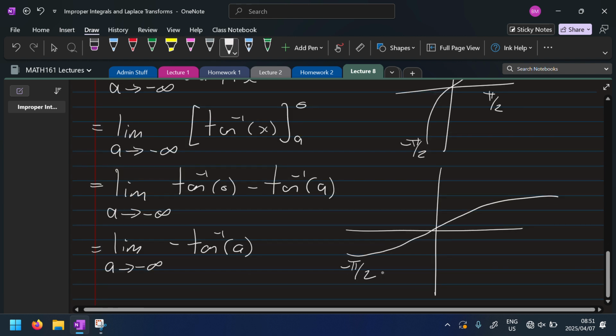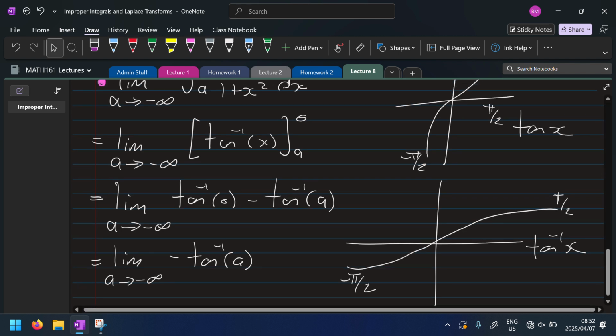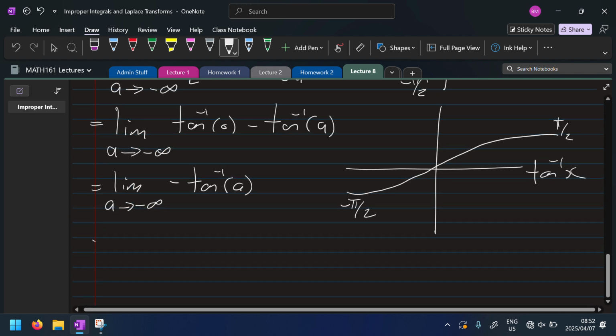So this will be minus pi over 2 to pi over 2. So tan x, tan inverse x. Right, you just flip it over for the inverse. So when a goes to minus infinity, we're going to get minus pi over 2. But we got another minus here, so it will be minus pi over 2, so pi over 2.